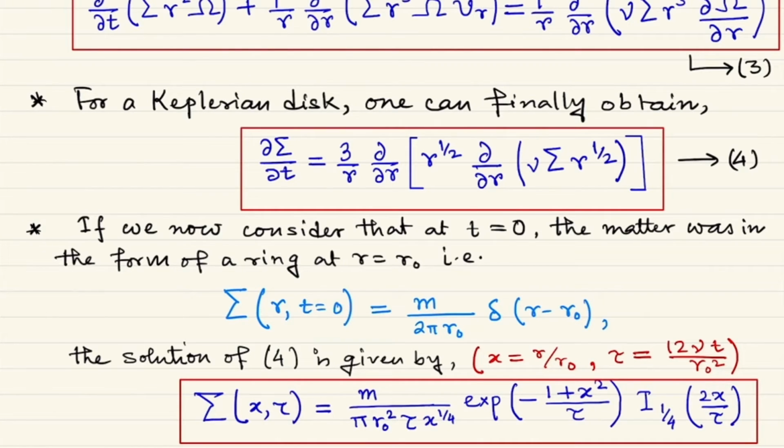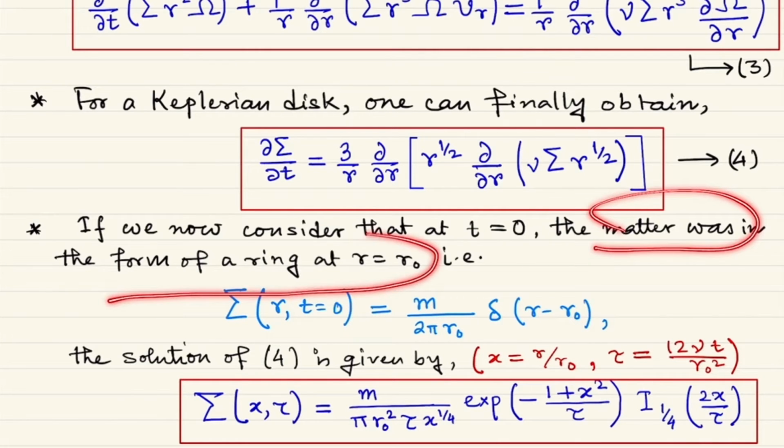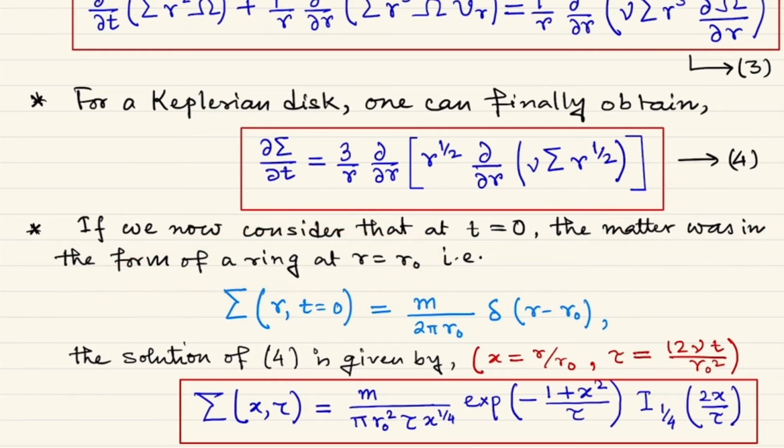Now this is the fundamental equation of evolution of a Keplerian disk. Now we consider that at t is equal to 0, we are imposing some initial condition: the matter was in the form of a ring at r is equal to r0. Then sigma at t is equal to 0 is nothing but m by 2 pi r0 times a Dirac delta function of r minus r0.